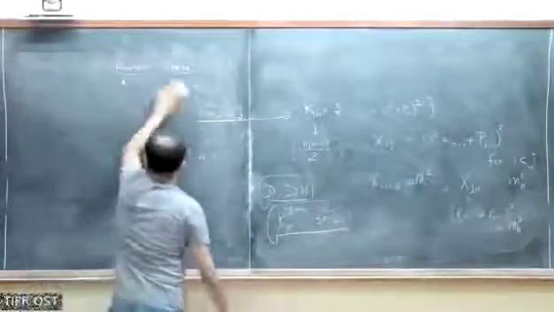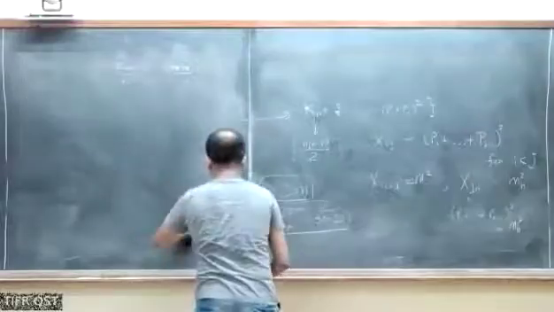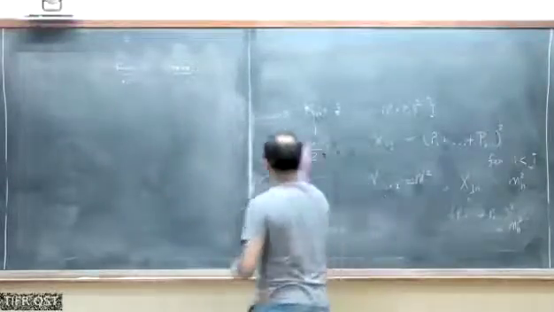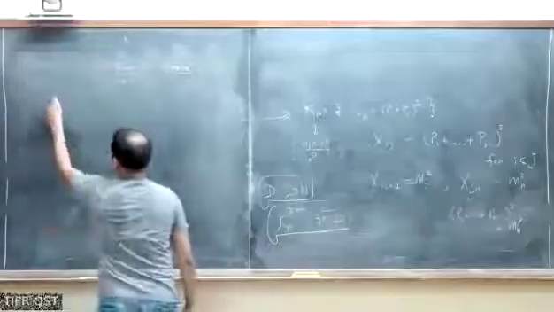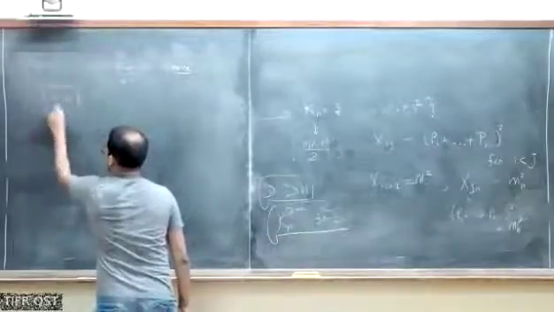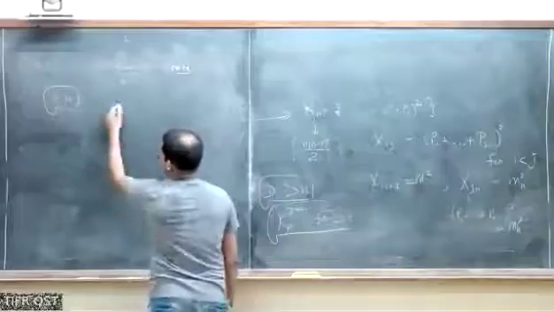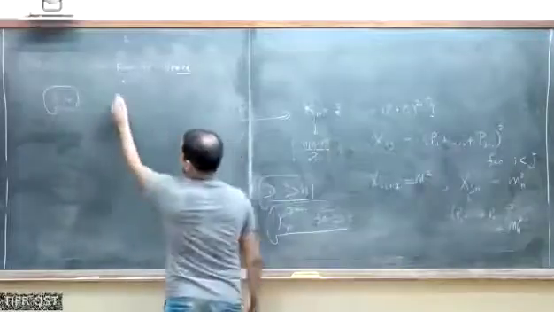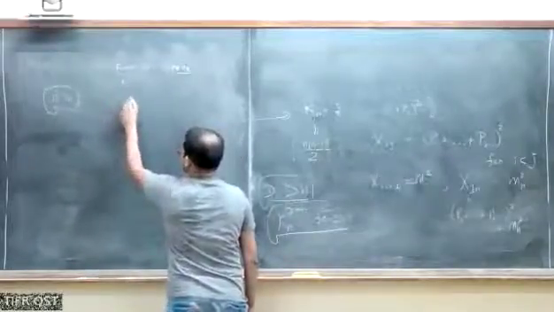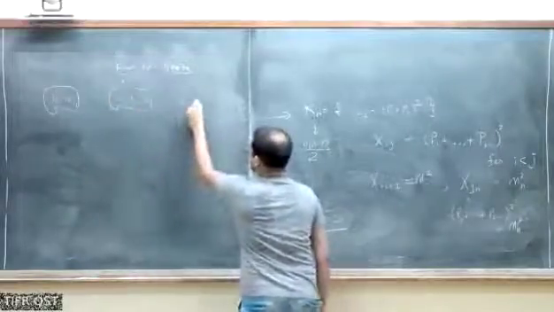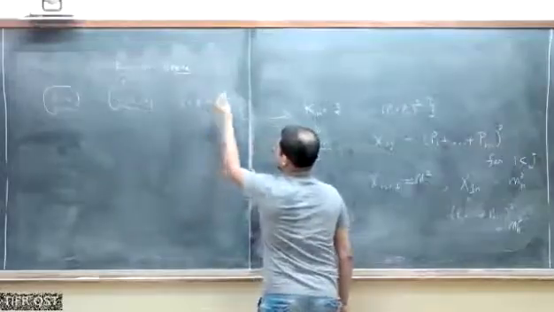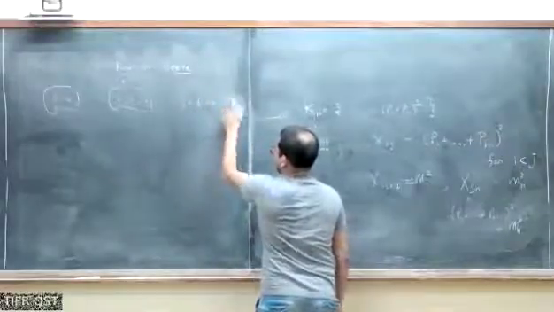Let me give you an example. If I consider n equal to 4, we have just three Mandelstams, S, T, and U. But they are not independent, of course, because S plus T plus U is constrained to be a constant.